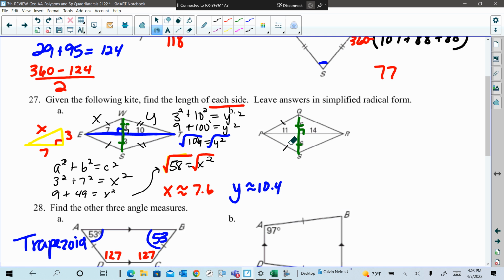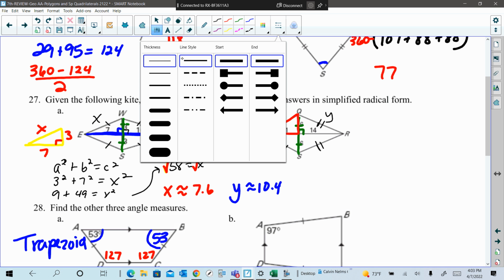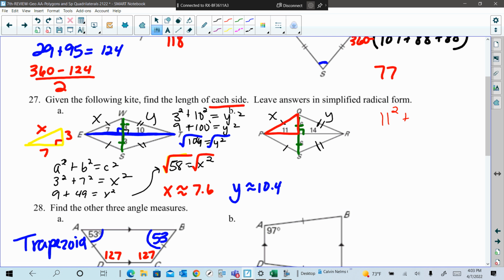So tick mark, 2 tick marks, just like the marking on the summary sheet. I'm going to make this one X, this one Y. Start off with the triangle here to the left, which has legs 11 squared plus 6 squared equals my x squared. Do your Pythagorean theorem.